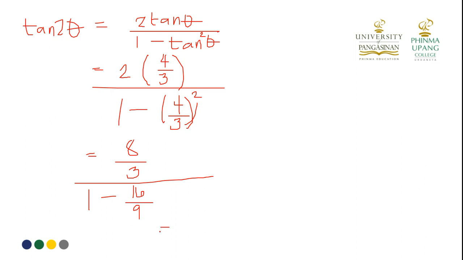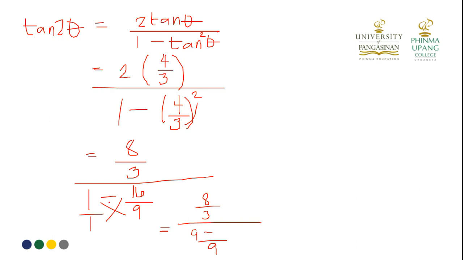Okay, next, lagay ko siya dito. Copy natin yung 8 all over 3 divided by, ito naman, 1 minus 16 all over 9. So, this is 1. So, ang kanyang denominator is 9. Okay? So, ang mangyayari dito is cross multiply. So, this is 9 times 1 is 9.